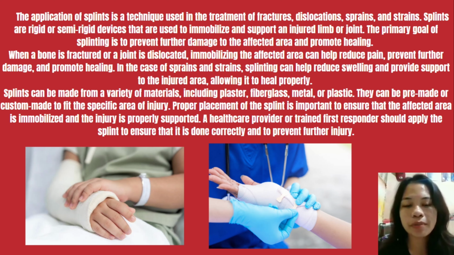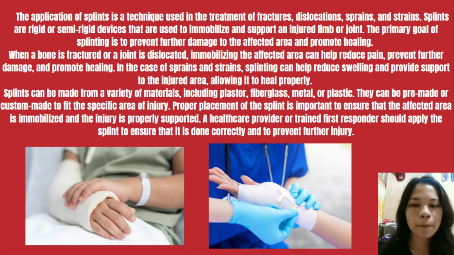The application of splints is a technique used in the treatment of fractures, dislocations, sprains, and strains. Splints are rigid or semi-rigid devices that are used to immobilize and support an injured limb or joint. The primary goal of splinting is to prevent further damage to the affected area and promote healing.